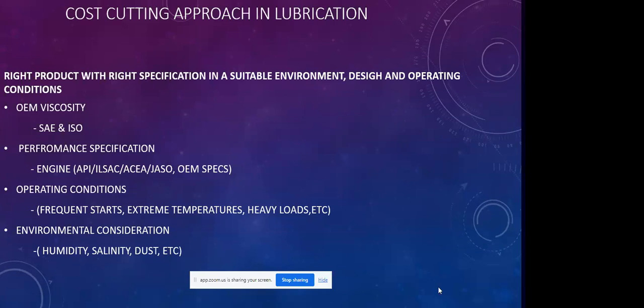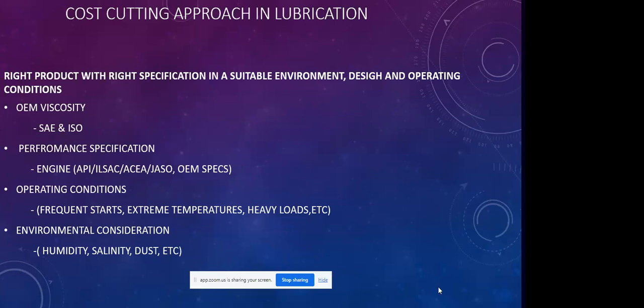Clearly, it will be a 15W40, but if you buy an SB 15W40, then you are putting your equipment or your engine in danger. And the same applies to all kinds of machines, be it turbines, be it gears, be it compressors. They all have specifications.